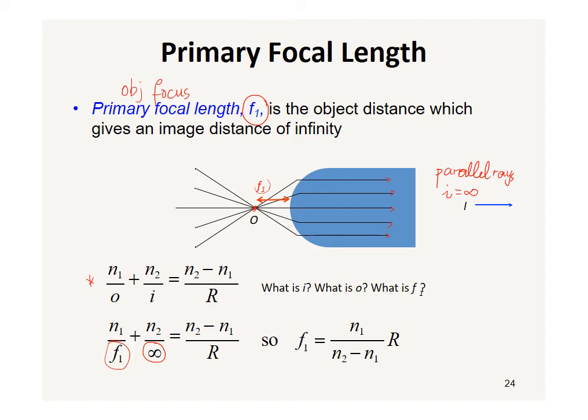So this term here, if you take anything and divide it by infinity, then it equals 0. So that's great, it disappears. You rearrange the expression and you can find that the primary focal length of that surface is given by the refractive indices and the radius of curvature. So i is infinity and o is f1.